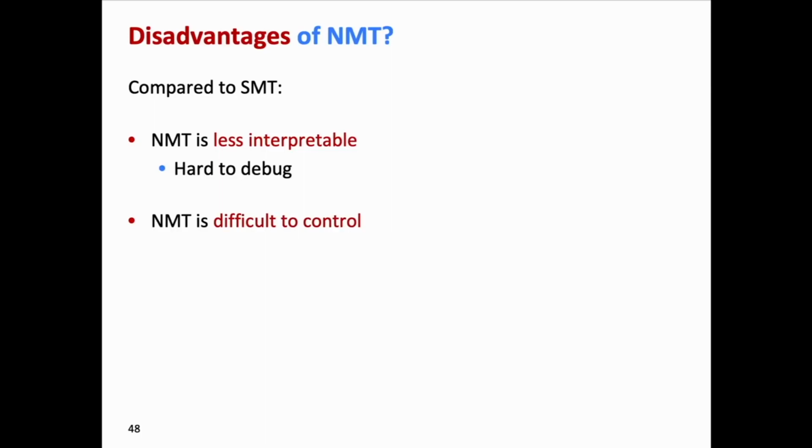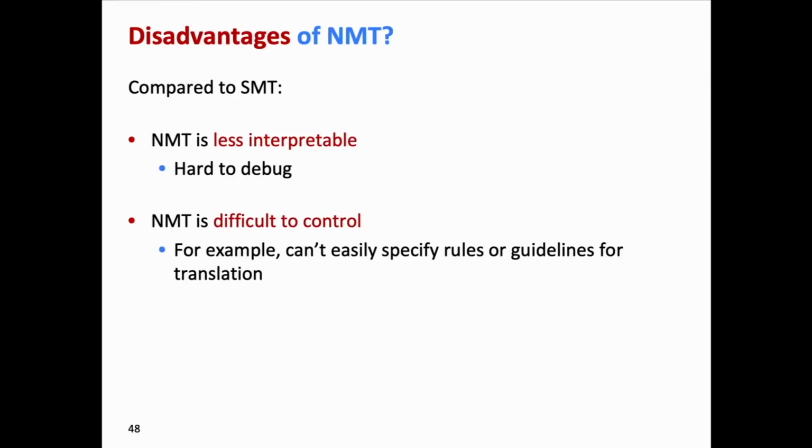Another disadvantage is NMT is pretty difficult to control. So, for example, if your NMT system is doing a particular error, it's not very easy for you, the programmer, to specify some kind of rule or guideline that you want the NMT system to follow.